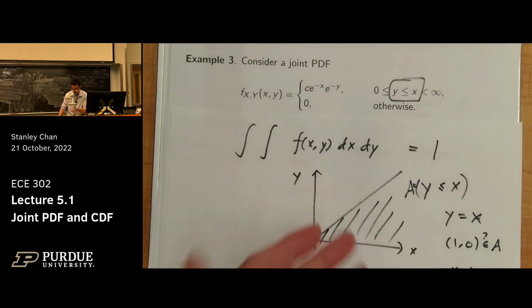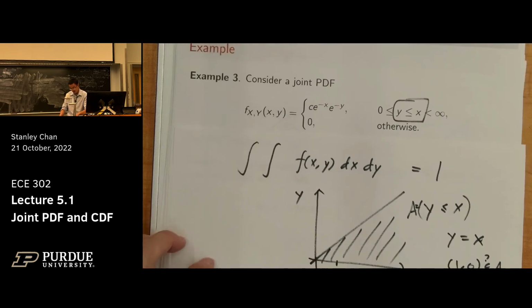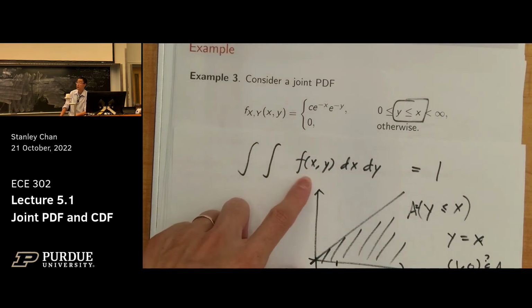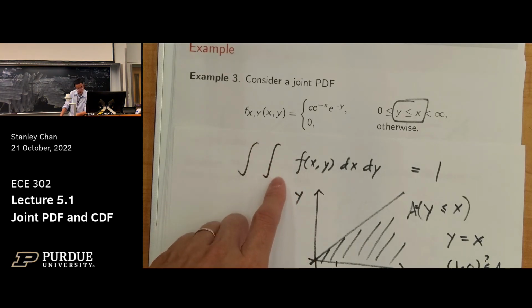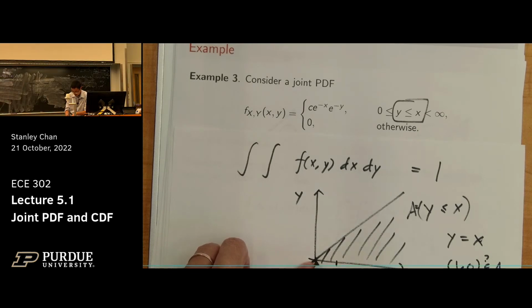Now, once we understand this, let's fill in the blanks. To do this double integration, I have 4 numbers to put in this integral. What should be the lower limit? Going 0 to y? If it is going from 0 to y, it will be from this point all the way to this point.